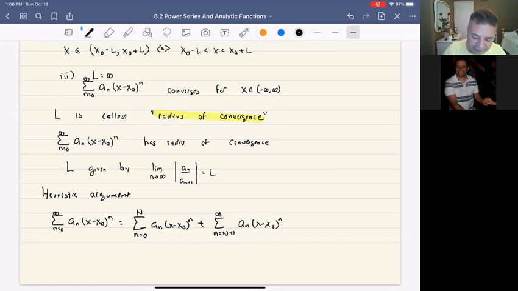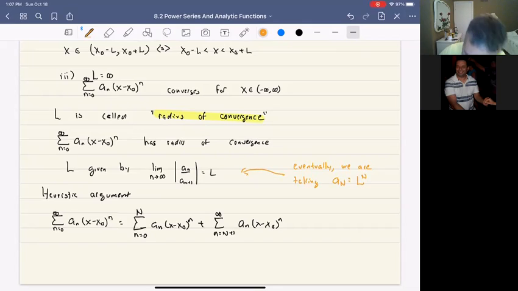Now, if the limit as n goes to infinity of a sub n over a sub n plus 1 equals L, then basically what I'm saying is at some point, you're just taking L to the n. Eventually, a sub n equals L to the n, okay?